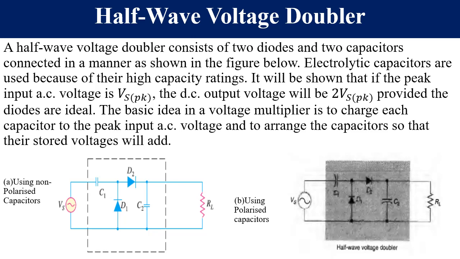What we are doing in that case is charging some capacitors, and those capacitors are able to store the voltage. So let's proceed to the next slide to get a glimpse of how a half-wave voltage doubler operates.